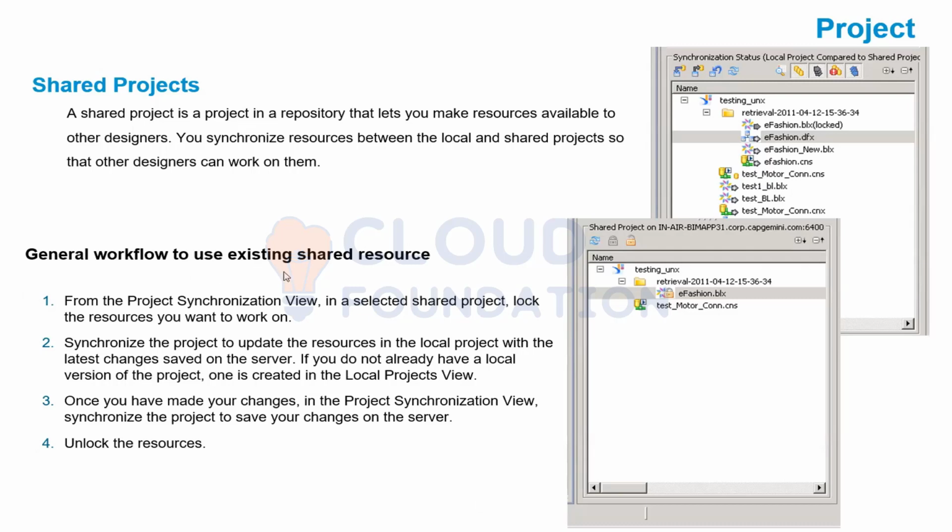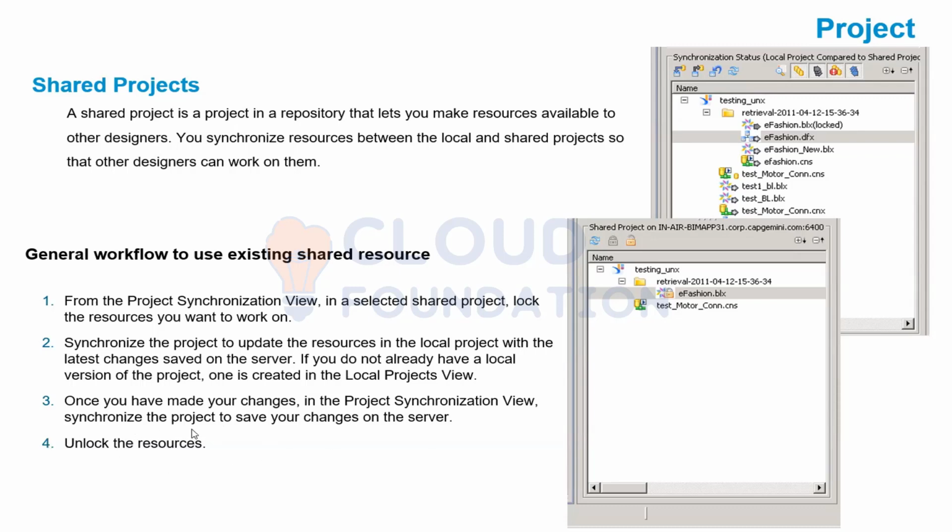To keep that in synchronization, we have these options. This is the general workflow that we need to follow. From the project synchronization view, in a selected shared project, lock the resources you want to work on. Whenever you want to work on something, first you need to lock the resources so that other users cannot edit or change them at the same time. Once you lock and do all your work, you can release. After you have made your changes in the project synchronization view, synchronize the project to save your changes on the server.